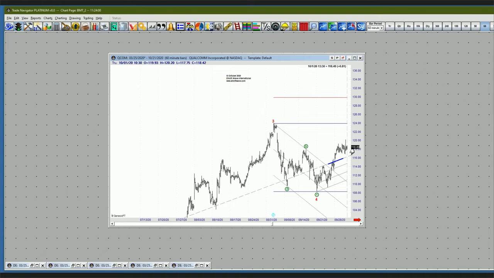We're probably going to see some kind of pullback or correction, maybe back down to 116 for a 4th wave. So I think an appropriate stop would probably be right here, a little bit below that wave 1 extreme. That comes into play at about, say, 113. We'll call that 113.50.